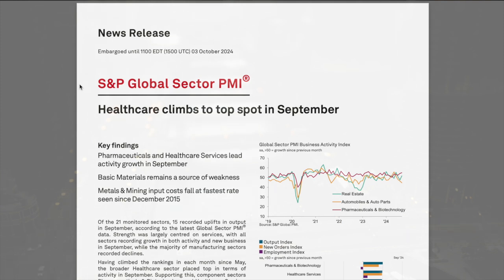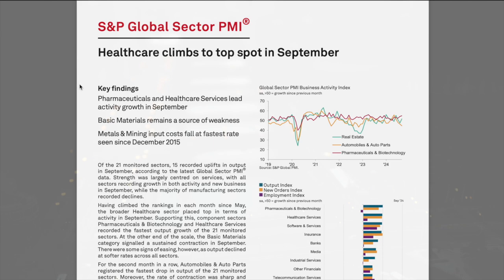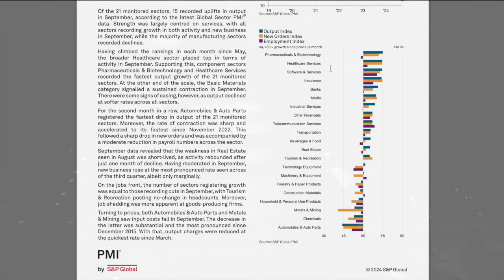And I like the other ones because they give you more industries. You can find even more tailored ideas. You have pharmaceutical, biotechnology, healthcare services, software and services, insurance, banks, media. I mean, it's all there. It's really detailed, the reports that they give you.